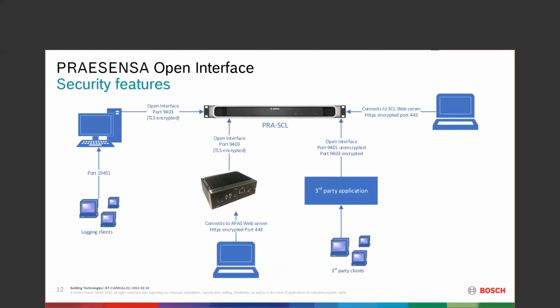So these are the ways to communicate, always through the system controller, so not to the other components. This is really our interface to the PRAESENSA system. And we have our own protocol to communicate with the devices itself, so with the amplifiers and the call stations. That's what we do within our own architecture.